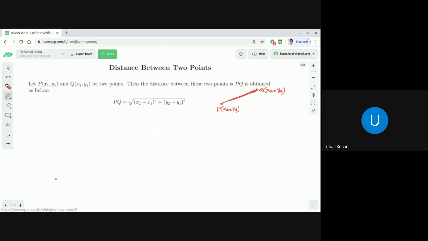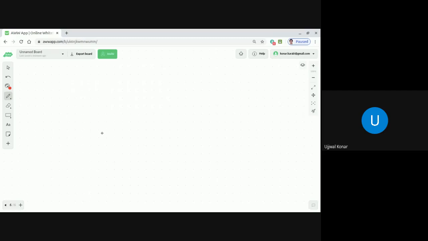Okay, let me discuss in a new page. So let me first explain what is meant by this section formula. Suppose you have a line segment.